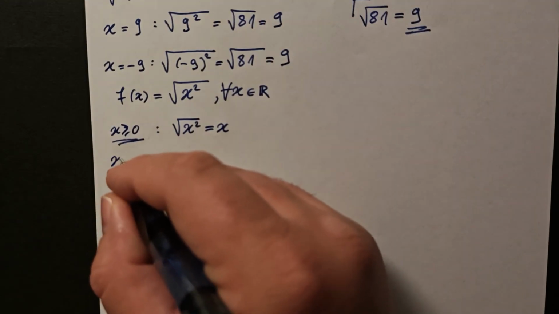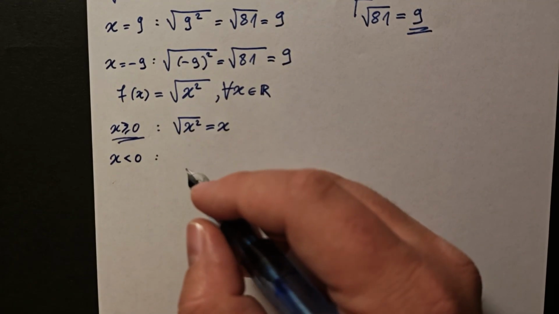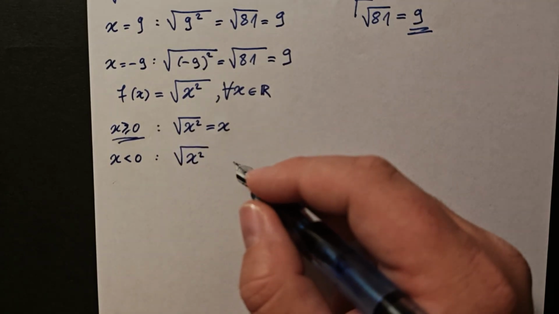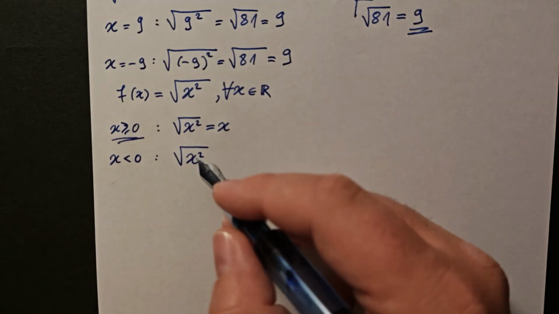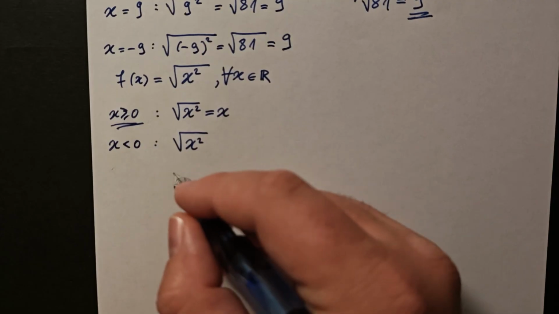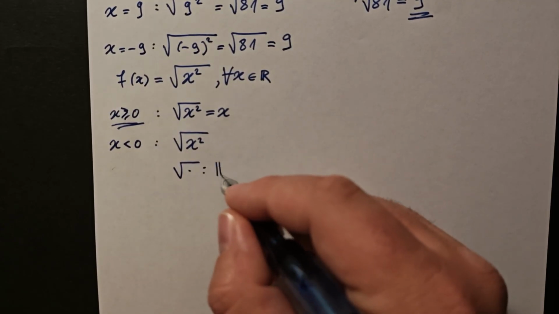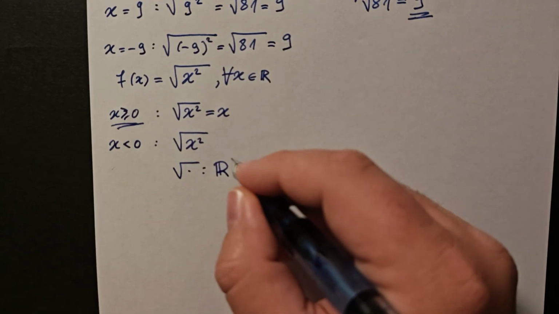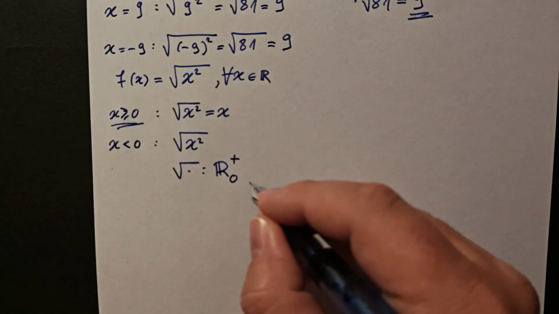But in the case of x being smaller than 0, then you have to be careful. The square root of x squared in that case is not equal to x, as x is negative, and we know that a square root function maps the set of R, the set of all real numbers, but only the positive ones and includes 0.